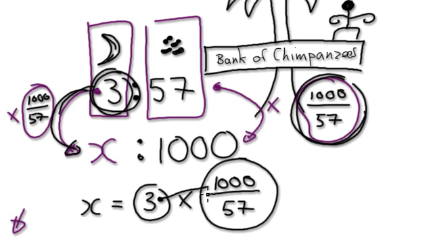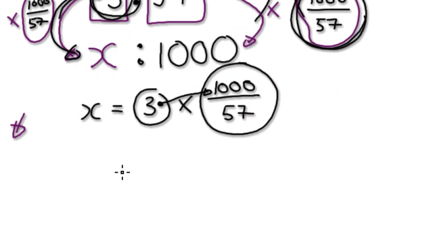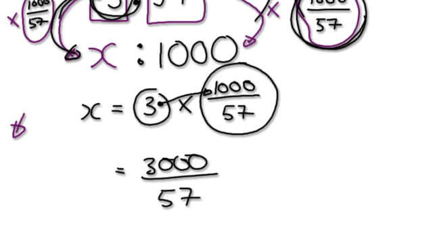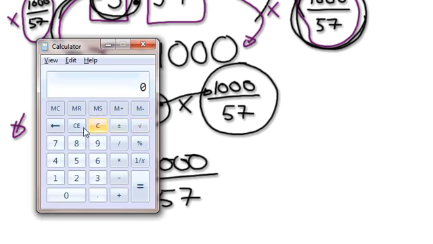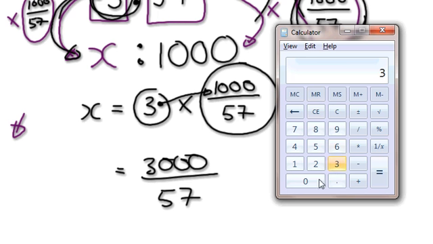Now this gets multiplied to the top, so that equals 3000 divided by 57. So calculator, 3000 divided by 57.